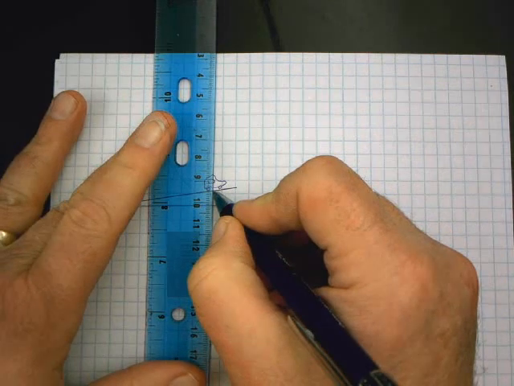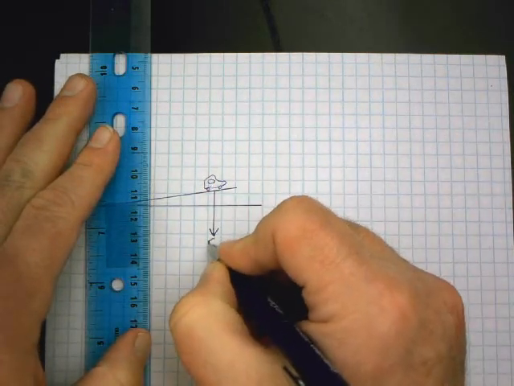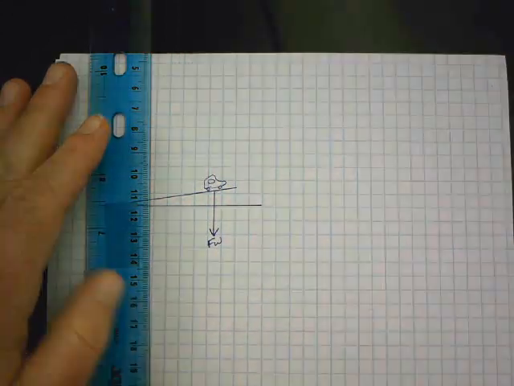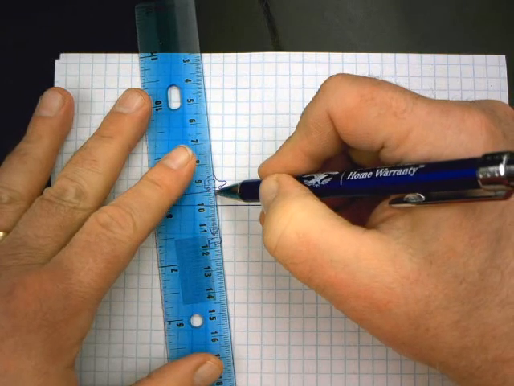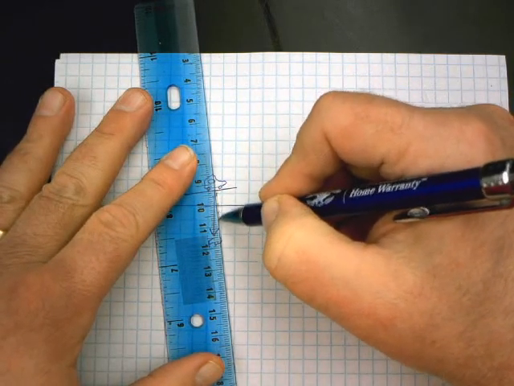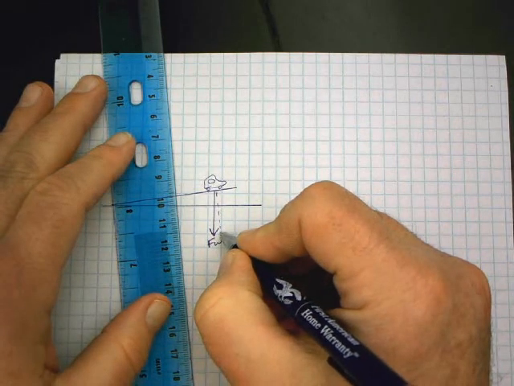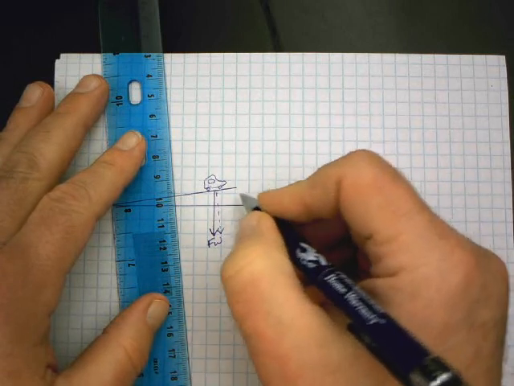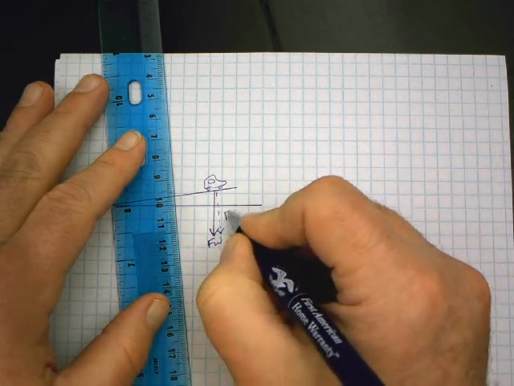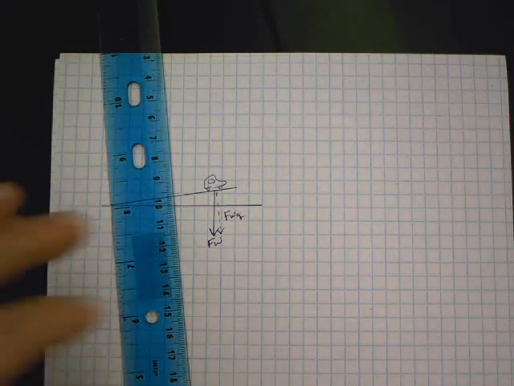Again, the car will have weight straight down. There'll be a component of that weight that is perpendicular to the surface of the incline, perpendicular to the hill. And again, I like to call it FWY.